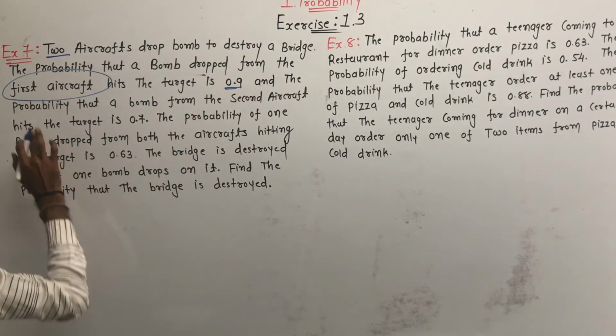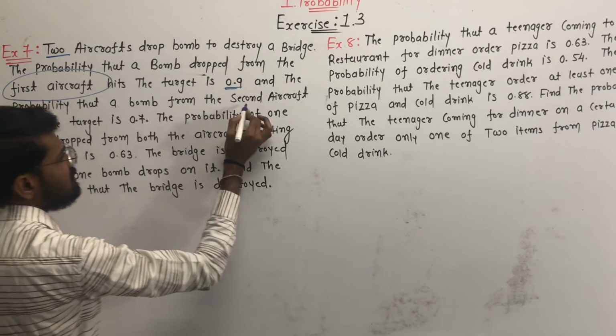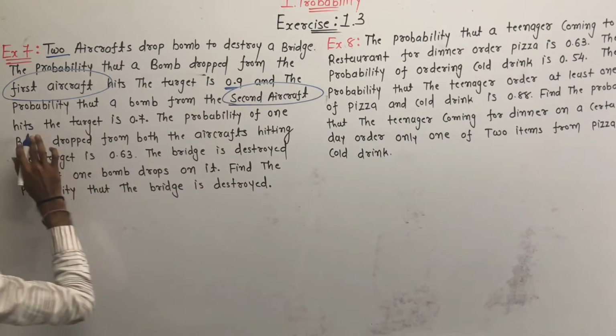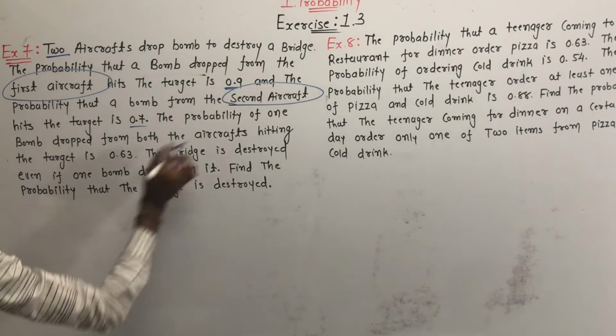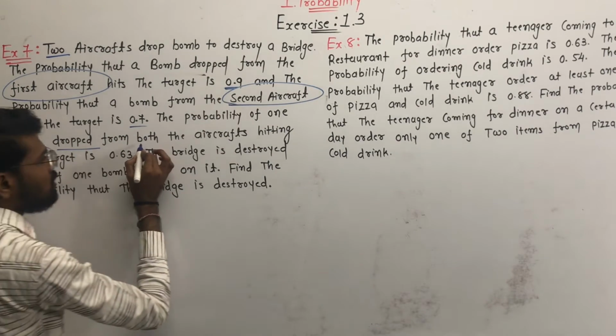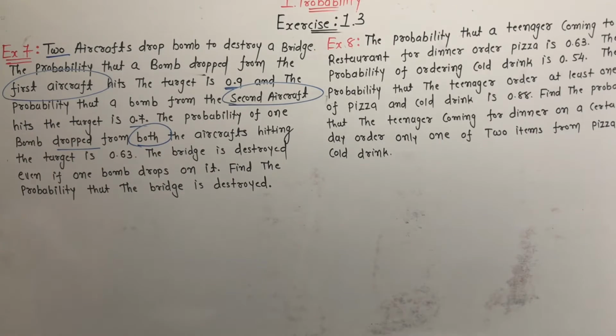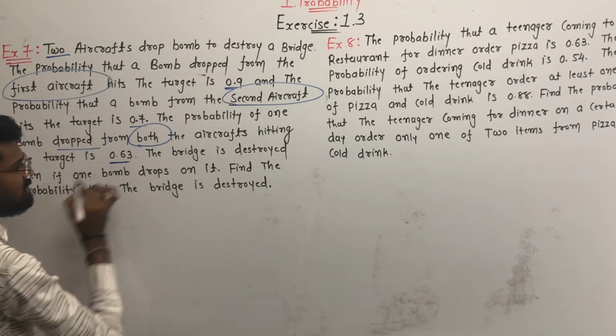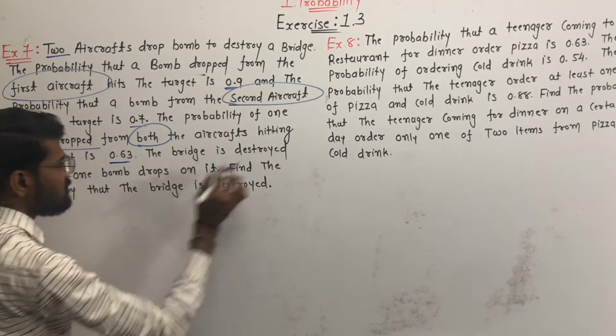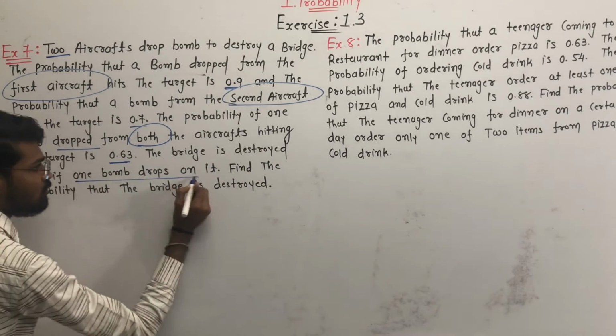And the probability that the bomb from the second aircraft hits the target is 0.7. And the probability of the bombs from both aircraft hitting the target is 0.633. The bridge is destroyed even if one bomb drops on it.